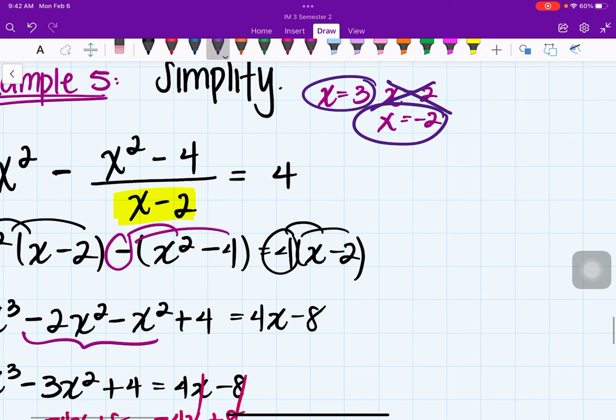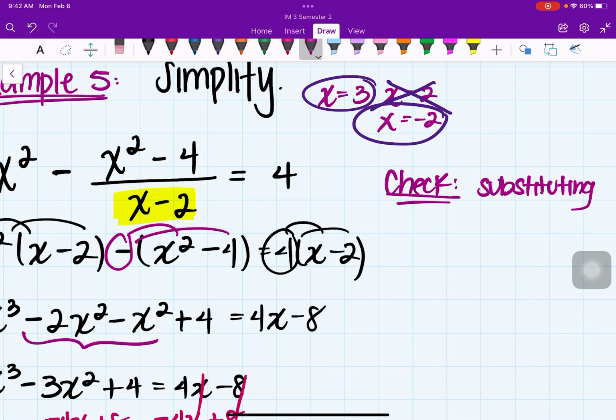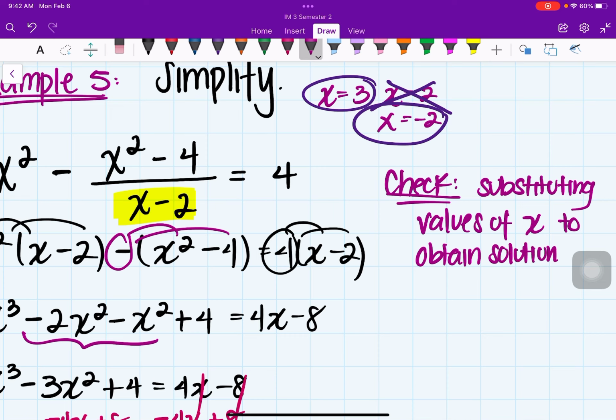So once again, our check is substituting values of x to obtain a solution.